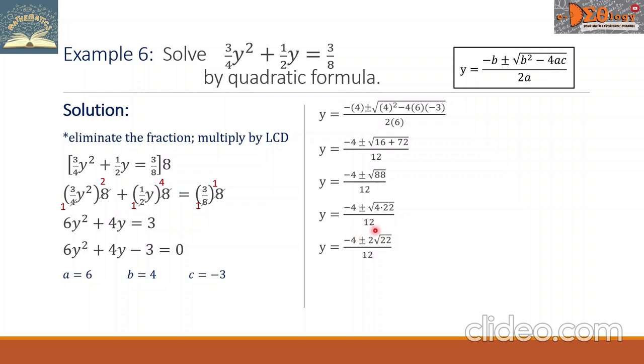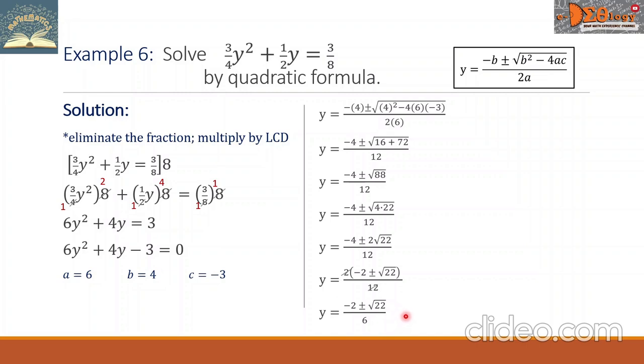In the numerator, there is a common factor, which is 2. We can pull it out. So we have 2 times the quantity negative 2 plus or minus the square root of 22, all over 12. We can cancel this 2 and 12. So this 12 becomes 6. So y equals negative 2 plus or minus the square root of 22, all over 6.